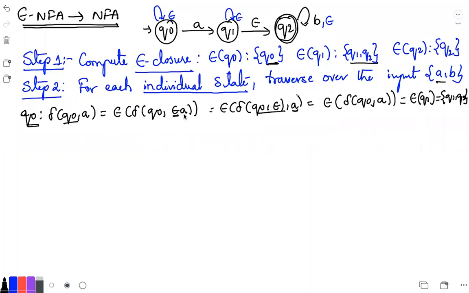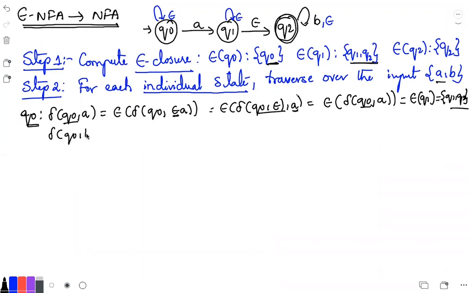You need to append epsilon. So Q0 on epsilon becomes the epsilon closure of Q0, which is Q0 itself. Q0 on input A is Q1, so the epsilon closure of Q1, which is Q1, Q2. So ultimately, Q0 on A is Q1, Q2. This is the one we require.